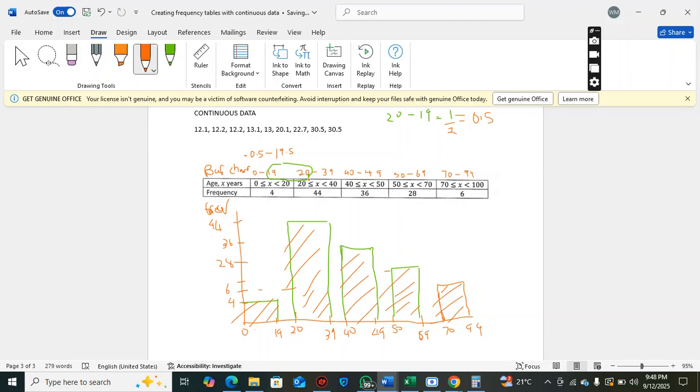That's for the first class. For the next class, 20 minus 0.5 gives you 19.5, and 39 plus 0.5 is 39.5.